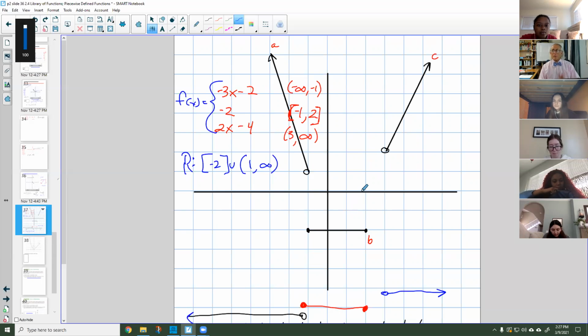This is really common, Mia. You're looking at the x value. -1 is over here. That's the x value. But what's my lowest y value? 1. That's where I get the 1 from. And then the y values keep going to infinity. Thank you. Domain is x's, range is y's.